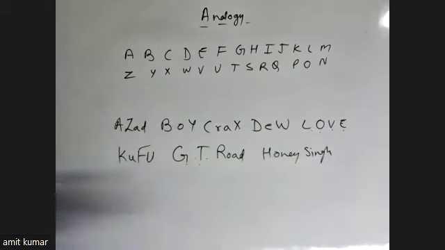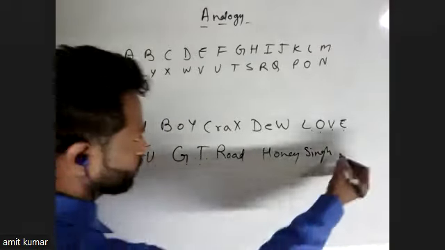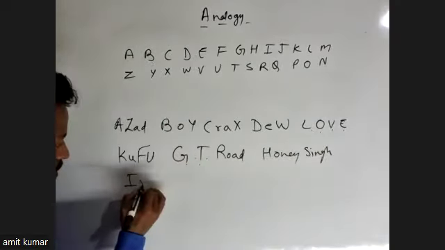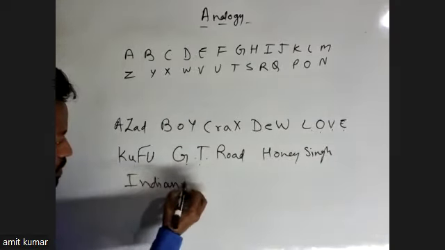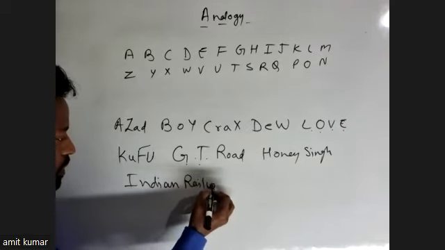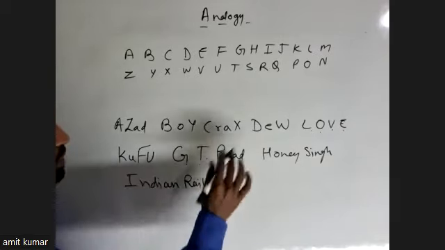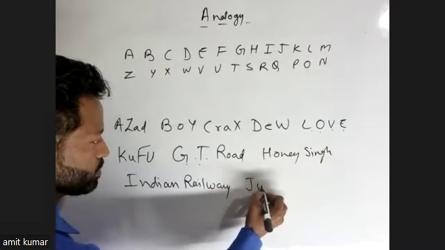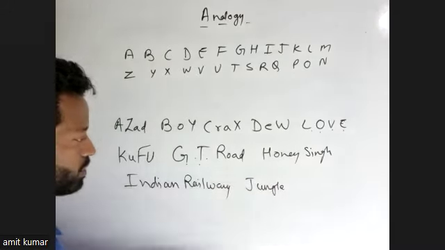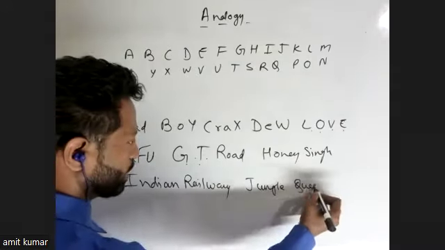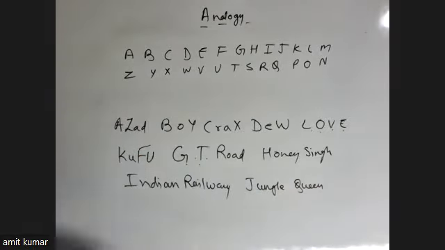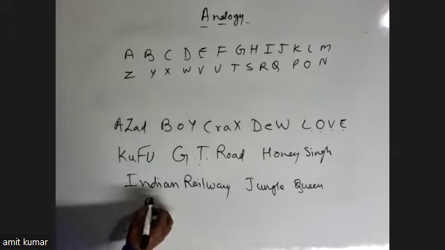Then he and Honey Singh went to Indian Railway, where they met the Jungle Queen, and the three, Azad, Honey Singh, and Jungle Queen, watch a movie that is PK.